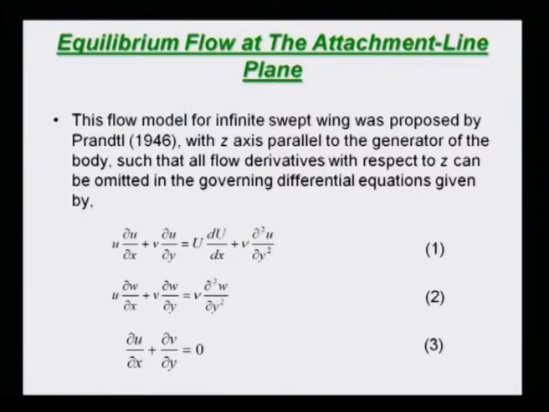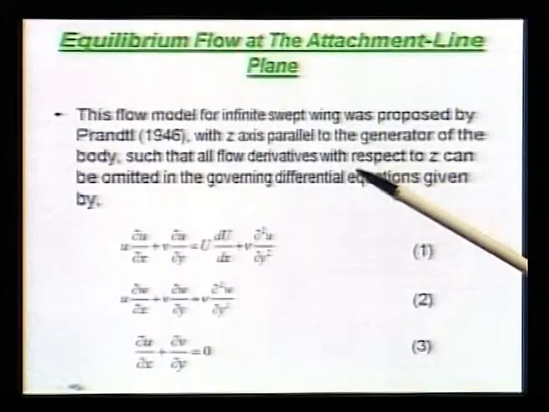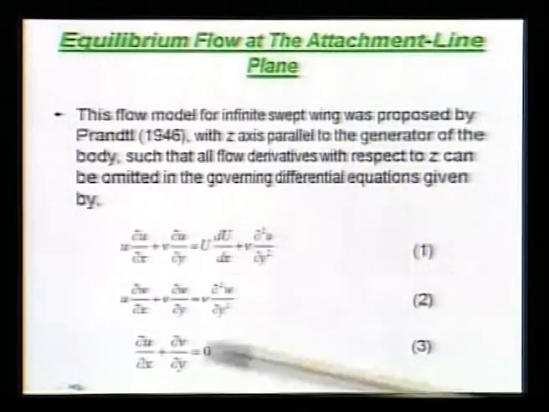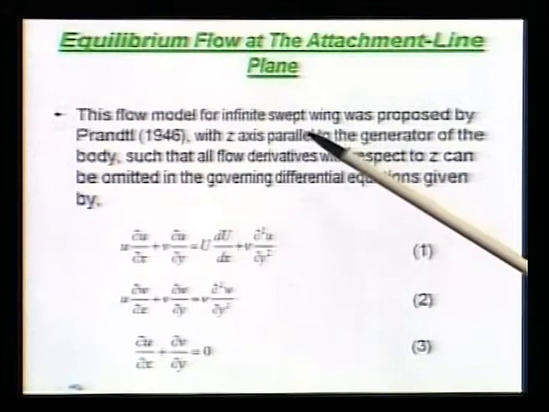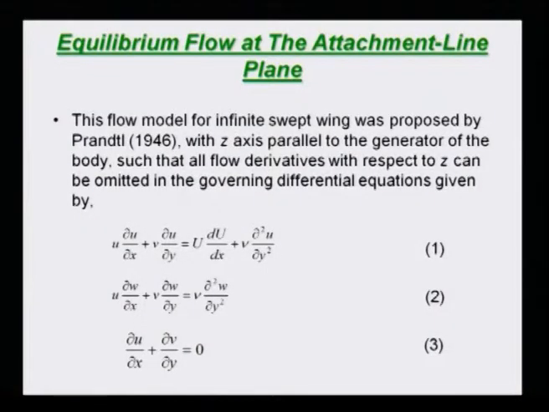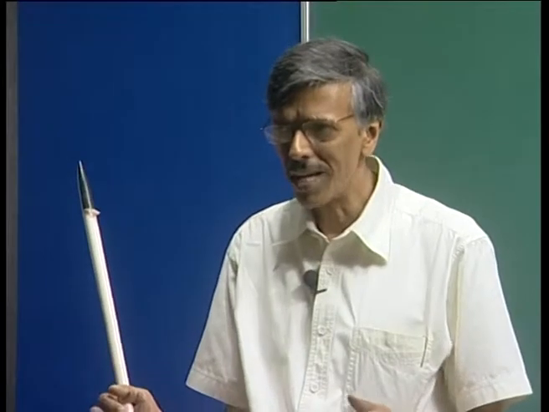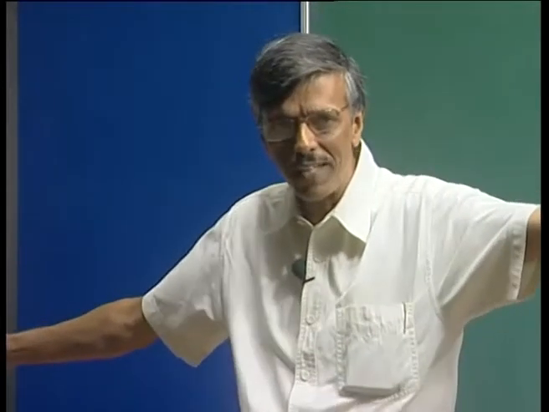I told you that it was once again Prandtl who always does things before everybody thinks. He suggested that we can look at the governing Navier-Stokes equation, and then consider the flow to be occurring over a swept wing, but whose span is infinite.